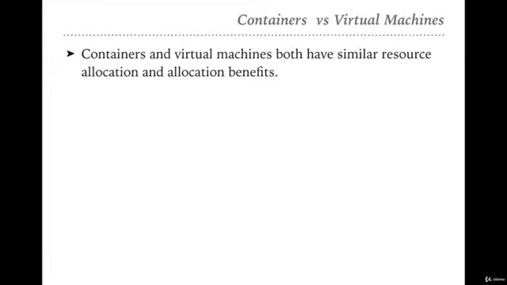In the previous lectures, we executed the Nginx web server on port 80 and port 8081. So we allocated two ports, which are resources of the host machine, port 80 and port 8081, to different containers. So containers and virtual machines both have similar resource allocation and allocation benefits.